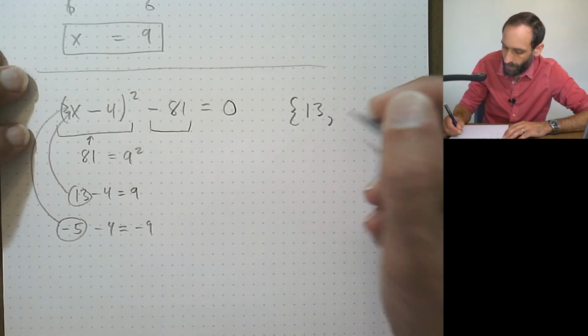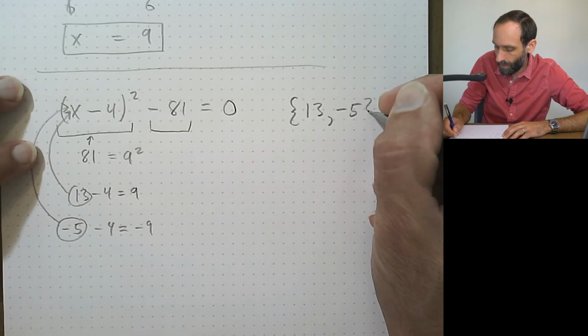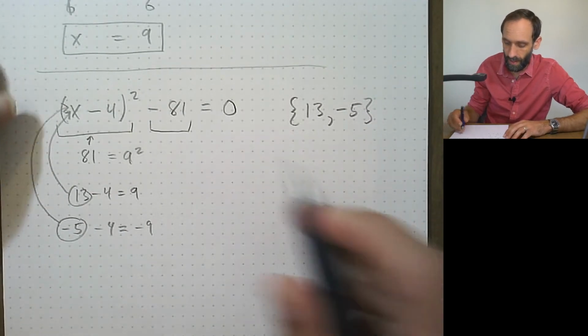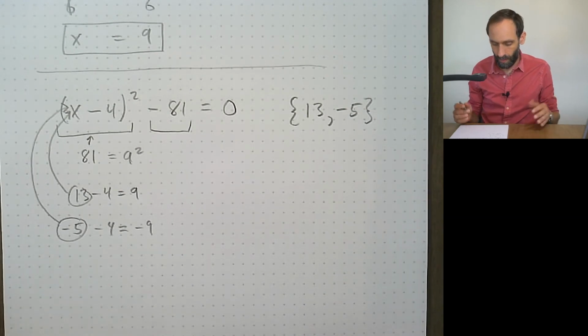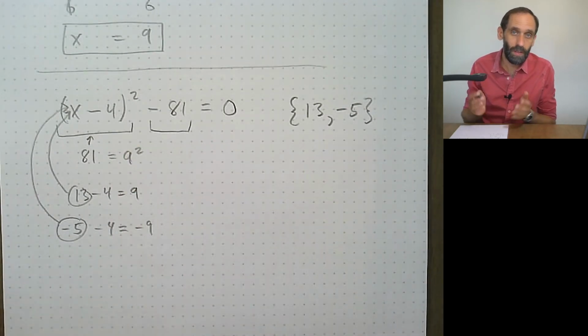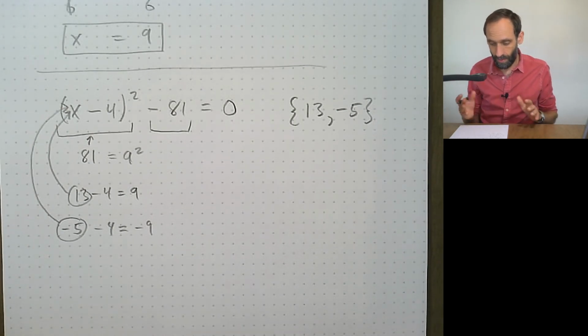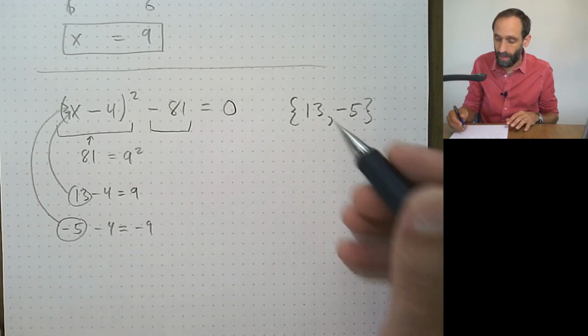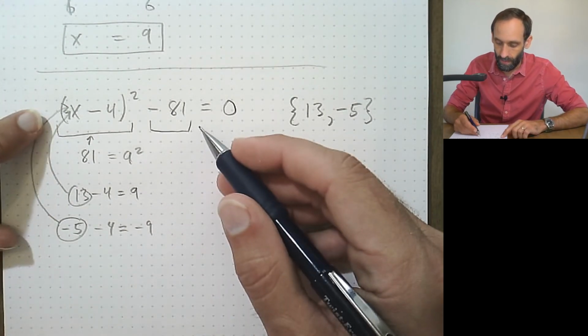In other words, negative 5 is also part of the solution set for this equation. Now, you might wonder, are there other numbers that could be in the solution set for this equation? And it's not necessarily obvious that there aren't, but I will let you know in this case, these two numbers are the only numbers in the solution set for this equation.